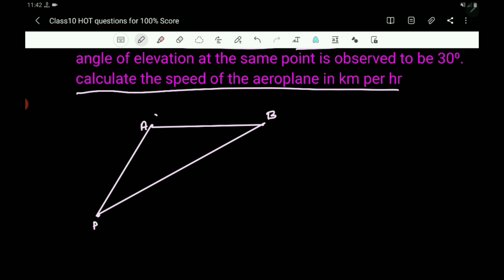Here A is the initial point of the aeroplane, B is the second point of the aeroplane, and P is the point from which the aeroplane is observed.